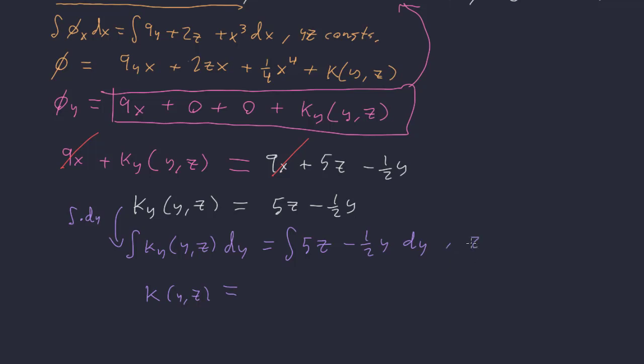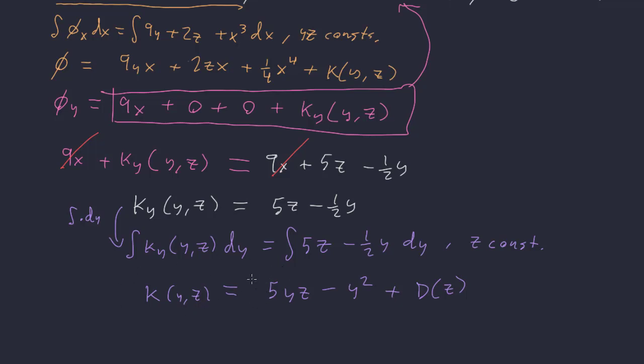So here it's the z that's the constant. Okay, so we get 5yz minus, this will just be y squared. Then plus, now it can be an arbitrary constant, we'll say d of z. So z is the constant. So like I said, it's the same process, we just have way more steps to do.